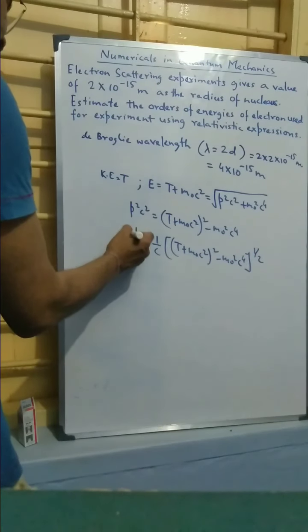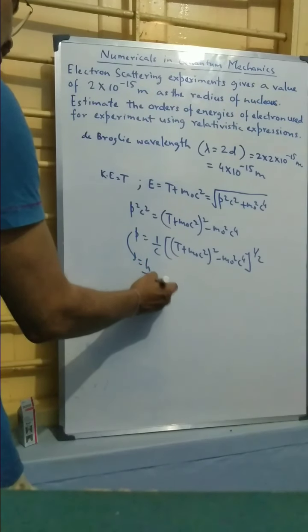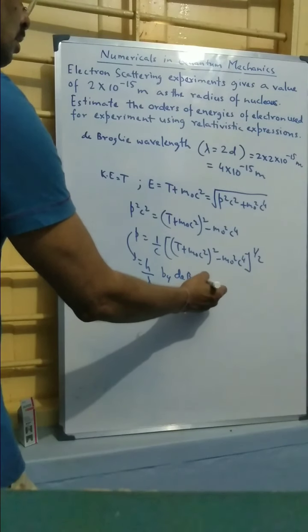This p can be written as h by lambda by the de Broglie relation.